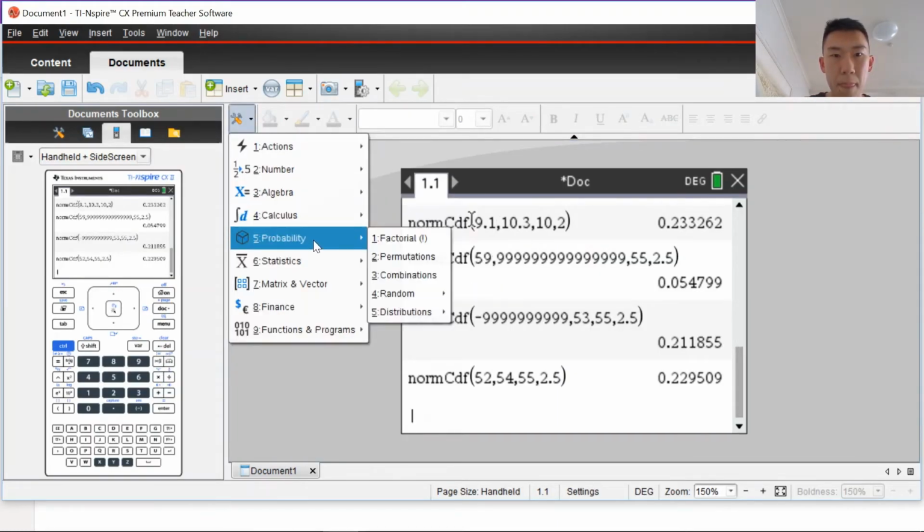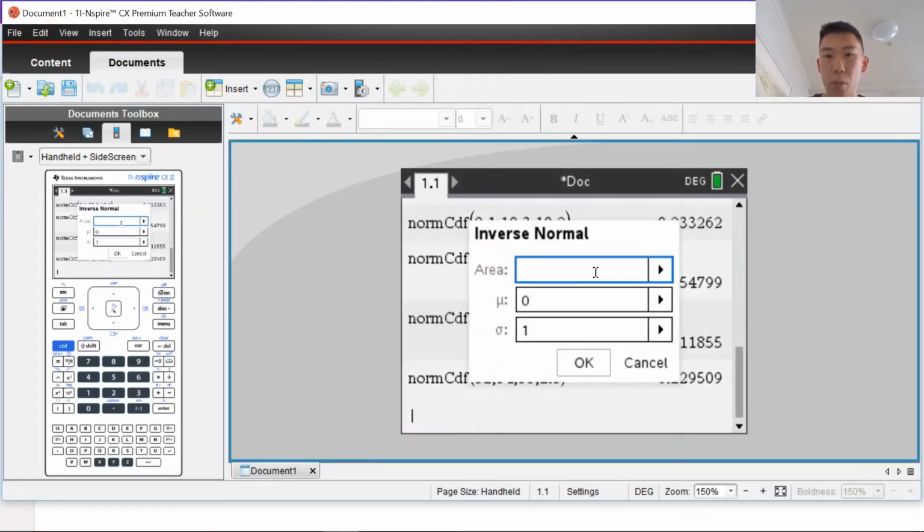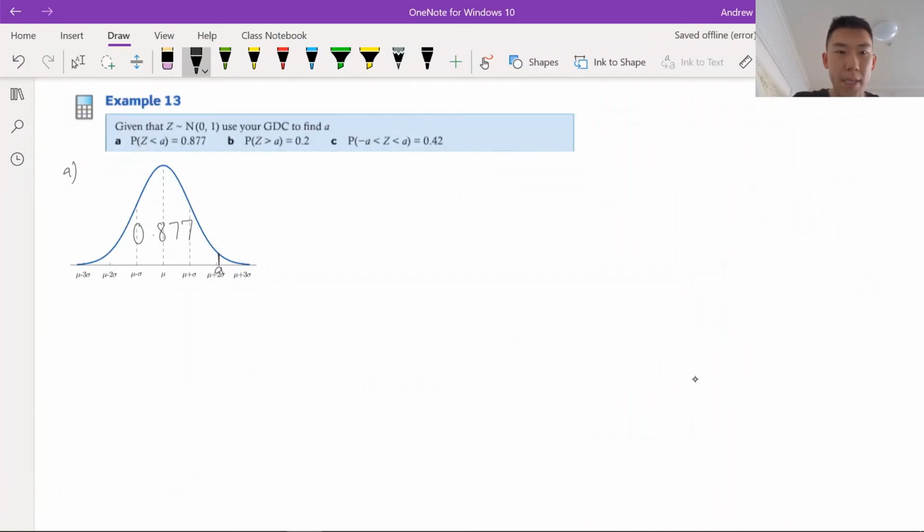So what the calculator does is, when you do this, probability distributions, inverse normal. When you put in this area, it's the area from the left side of the graph to whichever boundary you're trying to get to. So this area should be from the most left-hand side of the graph. So 0.877, because that's what we have. Mean is 0, standard deviation is 1. That gives us an A value of 1.16.